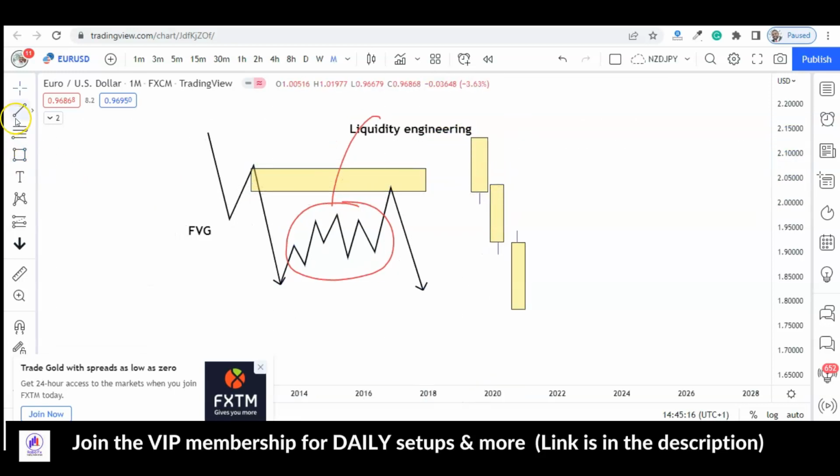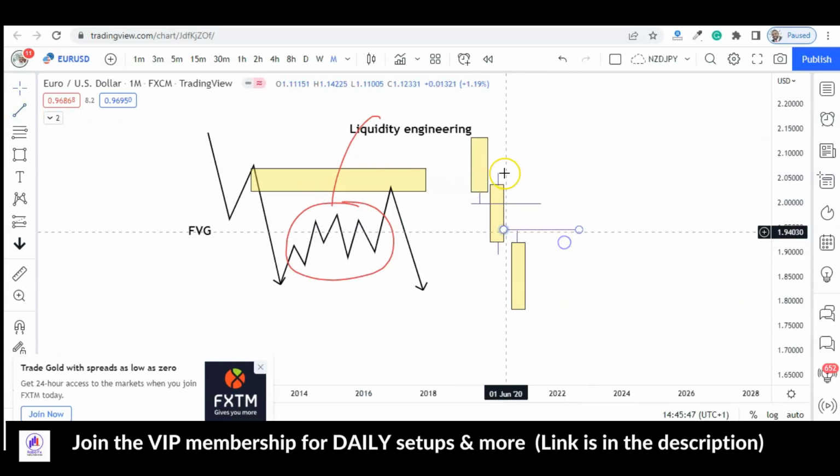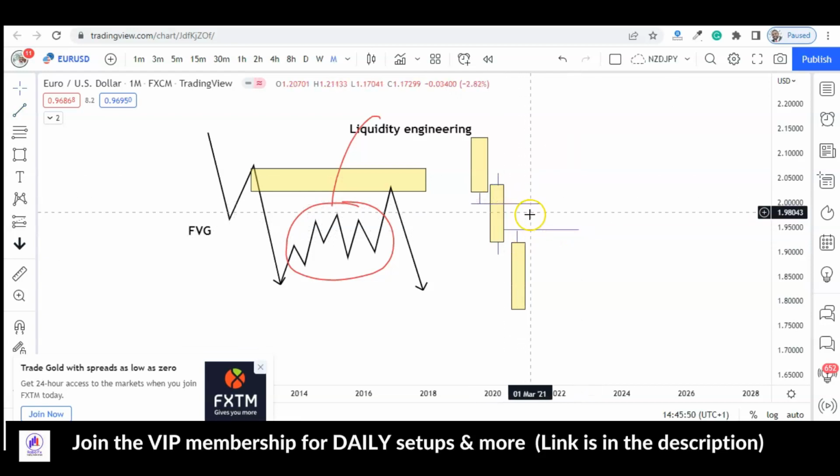So your fair value gap is simply the first candle and the third candle. You take note of when you see a drop like this, bullish or bearish. In this case, a bearish drop. You can also look at it in the form of bullish. In this case, a bearish FVG, you have three candles, drop, and drop. Okay, you are going to take note of the first candle low and the third candle high. This is your fair value gap.